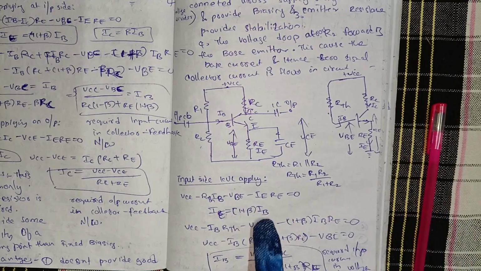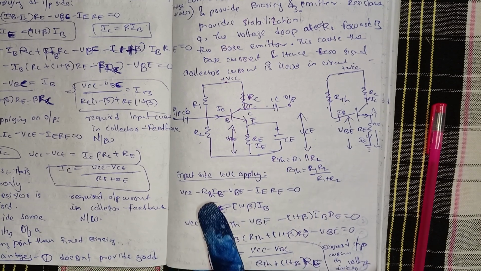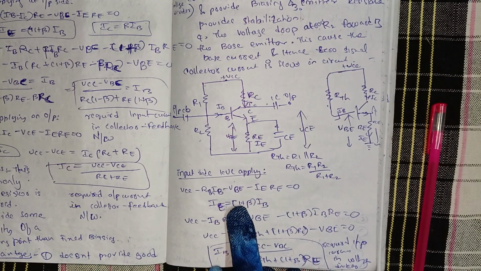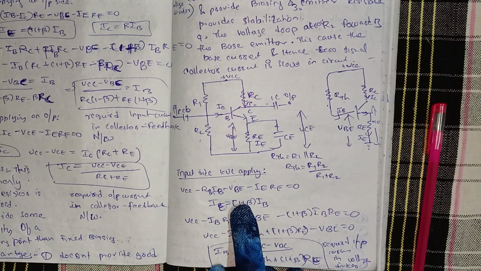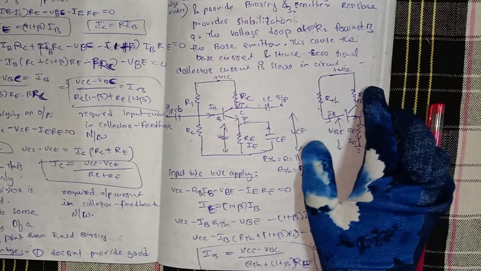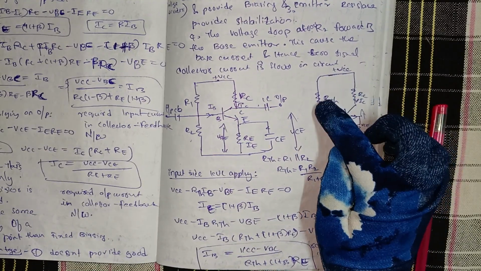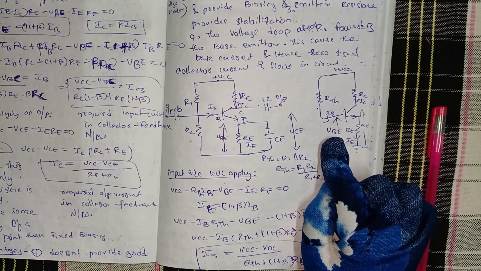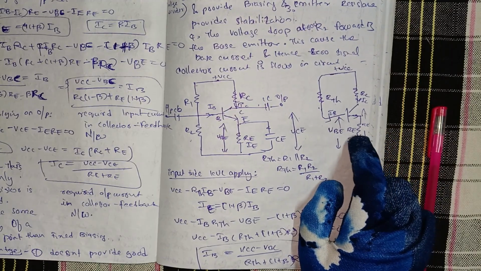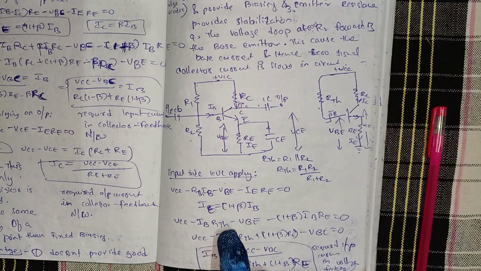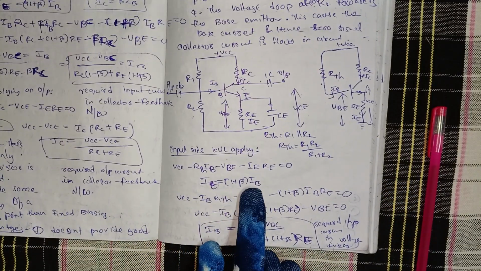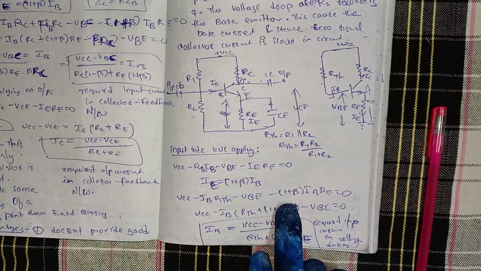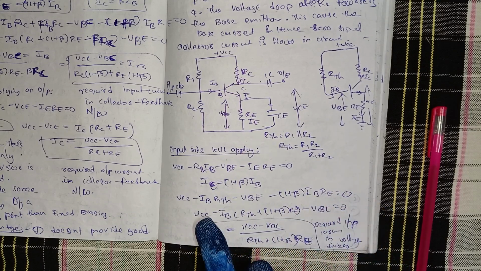Then we will see input side KVL applying: VCC minus RTH IB minus VBE minus IE RE is equal to 0. We know IE is equal to (1 plus beta) IB, so VCC minus IB RTH minus VBE minus (1 plus beta) IB RE is equal to 0.